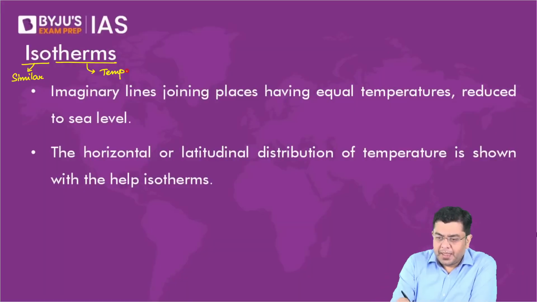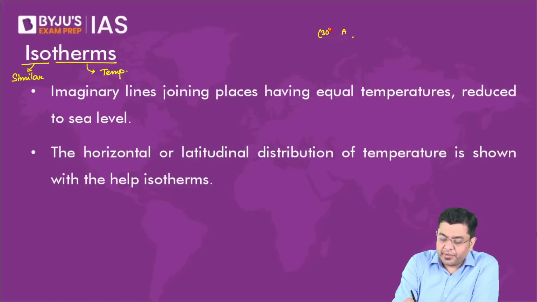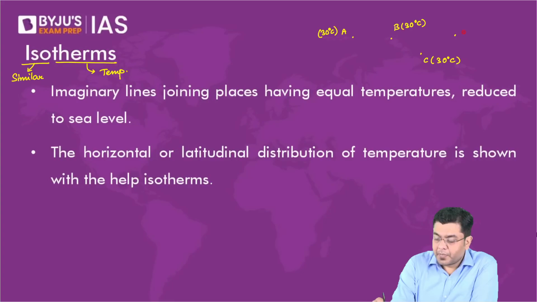For example, let's suppose I have A experiencing 30 degrees Celsius, B also 30 degrees Celsius, C 30 degrees Celsius, D 32 degrees Celsius, E 30 degrees Celsius.